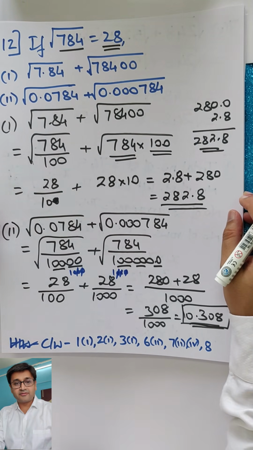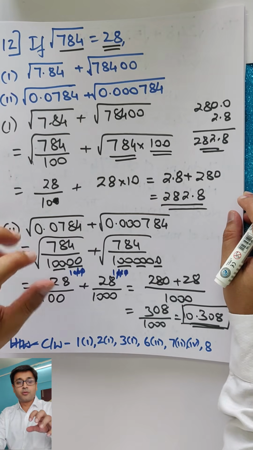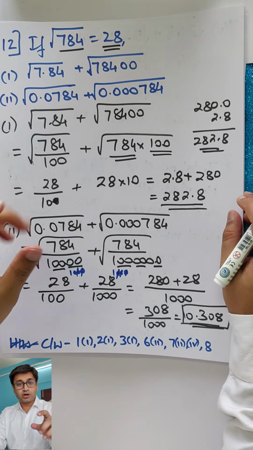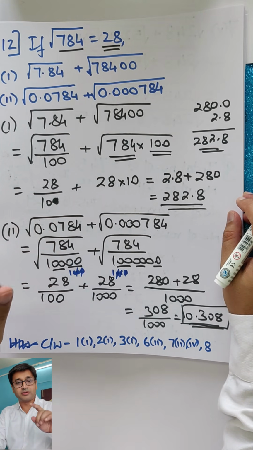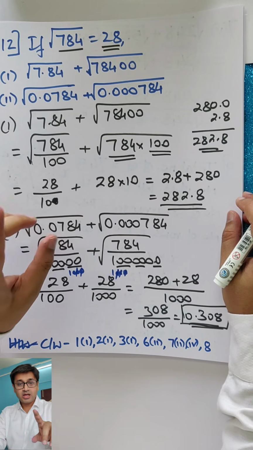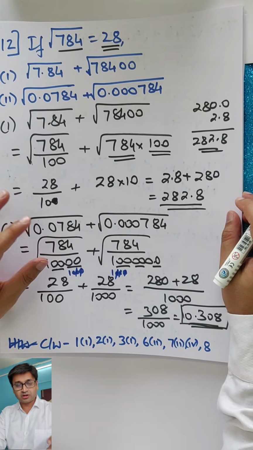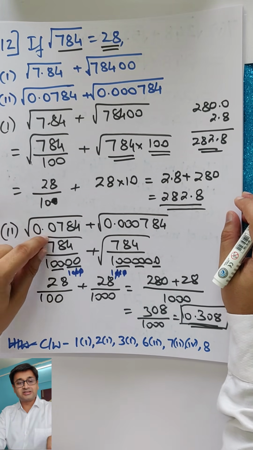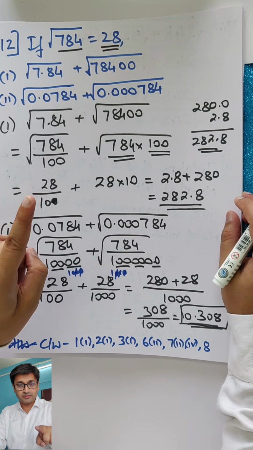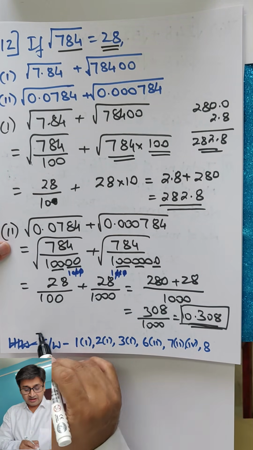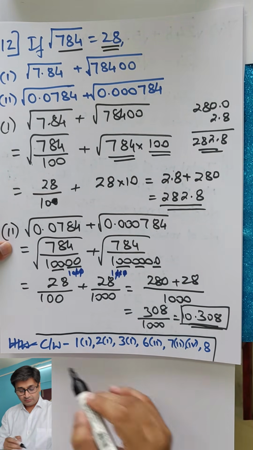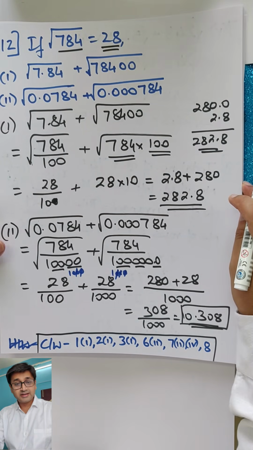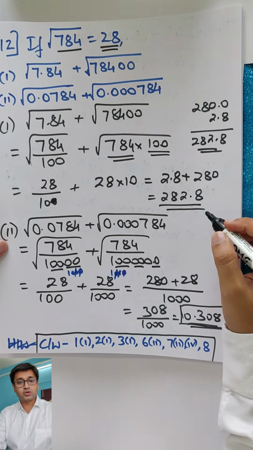Now, whatever sums we have done in the video right now, I hope you've done the same sums in your notebook along with me while doing the video, without copying. If you've not done it and you just watched the video, then you need to do these sums again in your notebook as an assignment. And the sums which I have listed here, I want you to do them as homework separately with a heading written as homework.